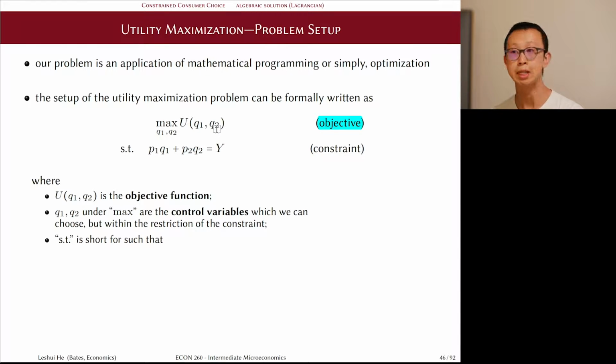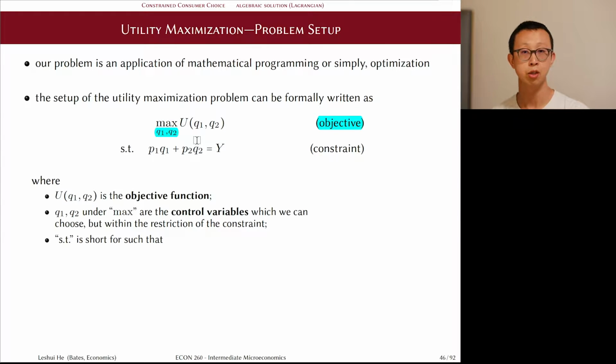And last but not least, notice how we outline two variables, Q1 and Q2, underneath the max sign. These variables are called the control variables. Just like the control knob you have on a TV or in a car, in this case, we're trying to maximize the consumer's utility by choosing quantities that they consume, Q1 and Q2.